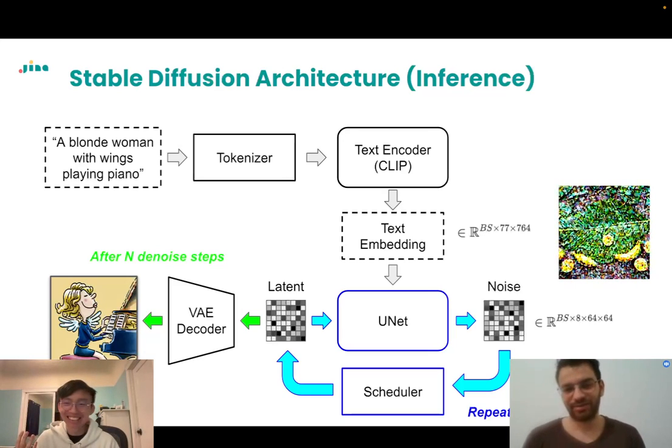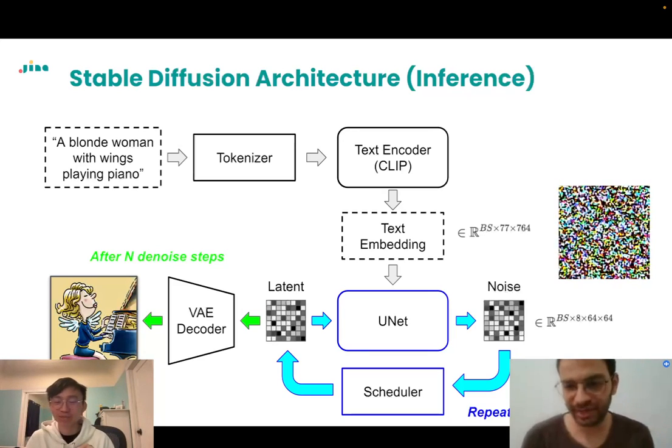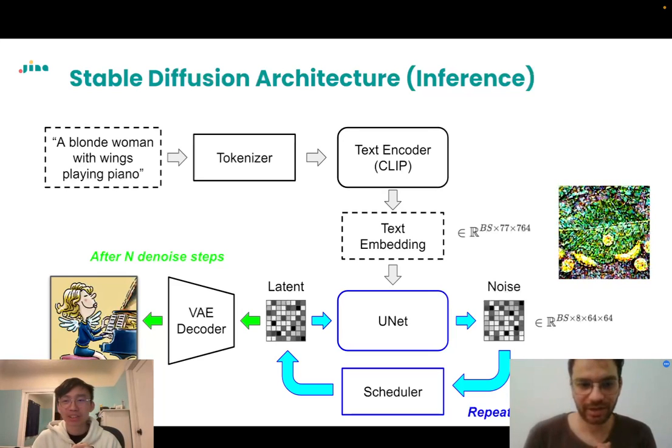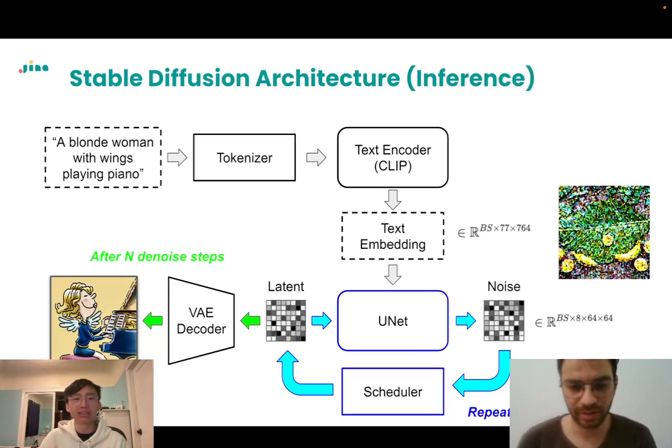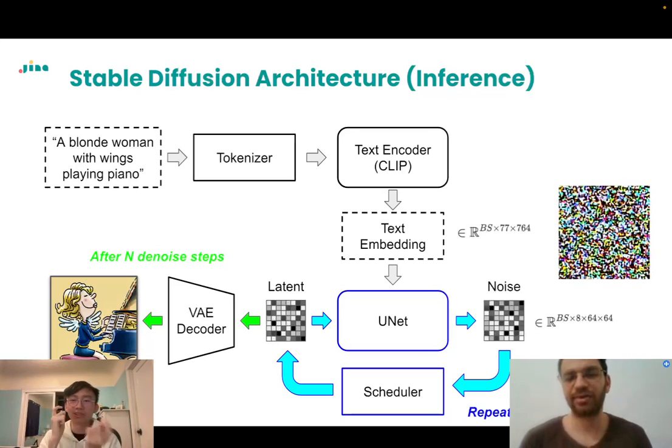Okay. So we start from noise, right? Yeah. You start from noise, and basically what you're asking the model is, given this text prompt, how do I change the pixel values to get an image that matches this text prompt? And so it just gives you those pixel values.